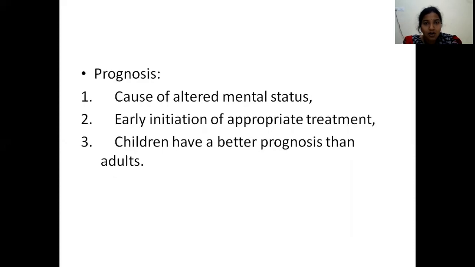Prognosis: the cause of altered mental status should be known, and appropriate treatment started early. In some cases the cause is very easily treatable, as in hypoglycemia, hypocalcemia, hyponatremia. These are easily reversible.